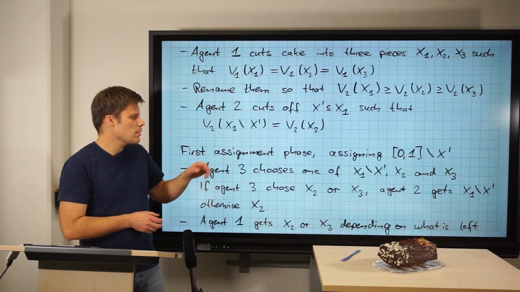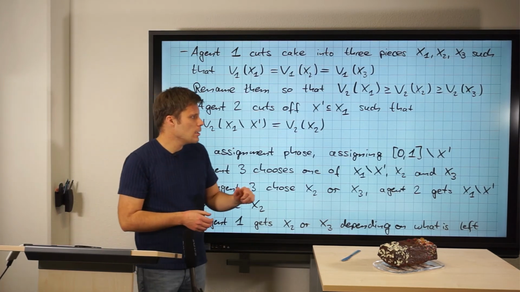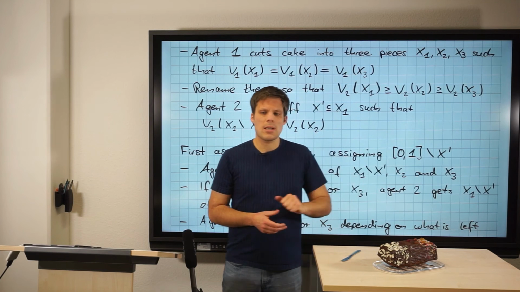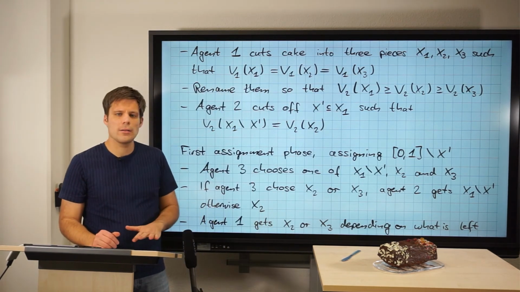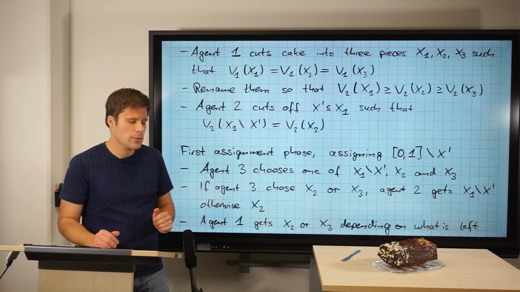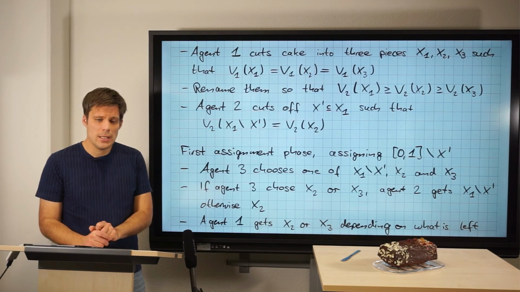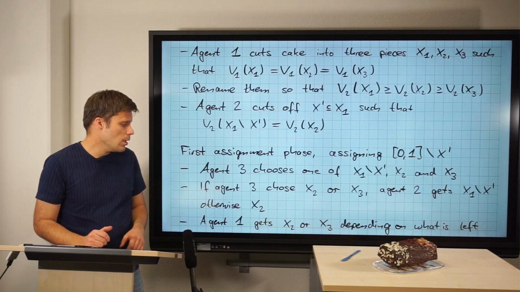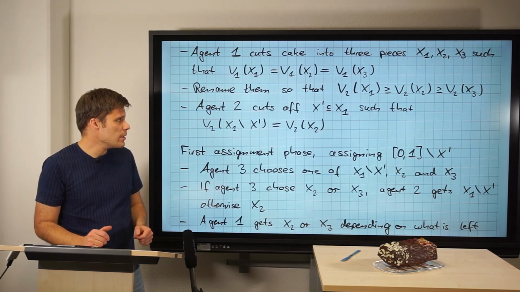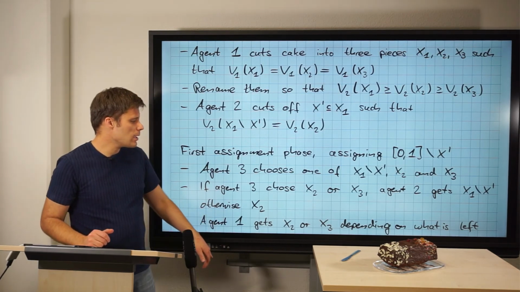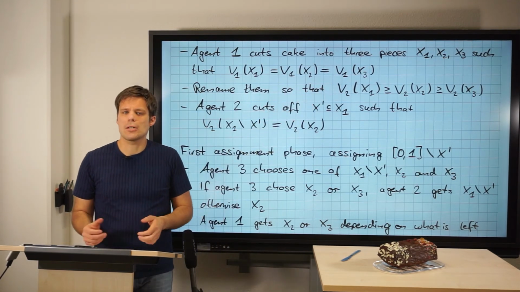This is what agent 2 values the same, and there is also this x3 which agent 2 values only less, definitely not more. And then there's agent 1 who gets whatever is left, and the amazing thing is they get x2 or x3, but they don't actually care.